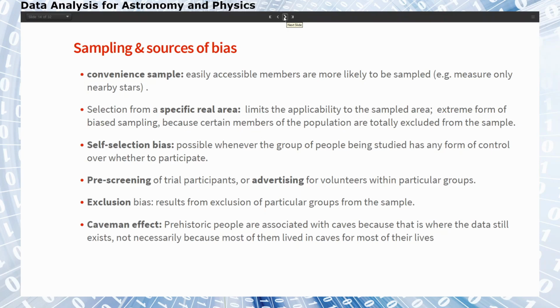It might be that we have a pre-screening of our trial participants or of the possible sample candidates, and then select only of these pre-screened ones. So this also introduces a certain bias. An astronomical example would be that we only look at the most luminous objects in the universe and then do statistics on them.